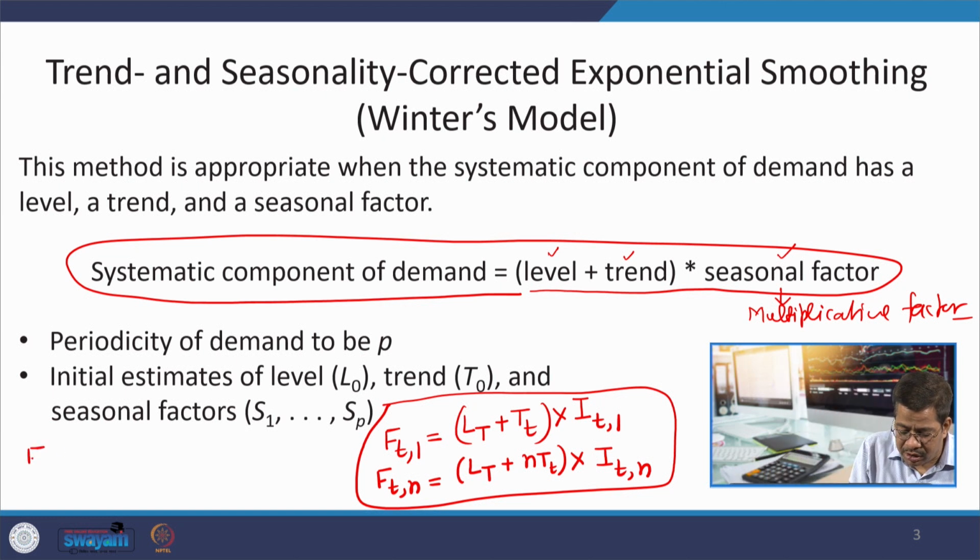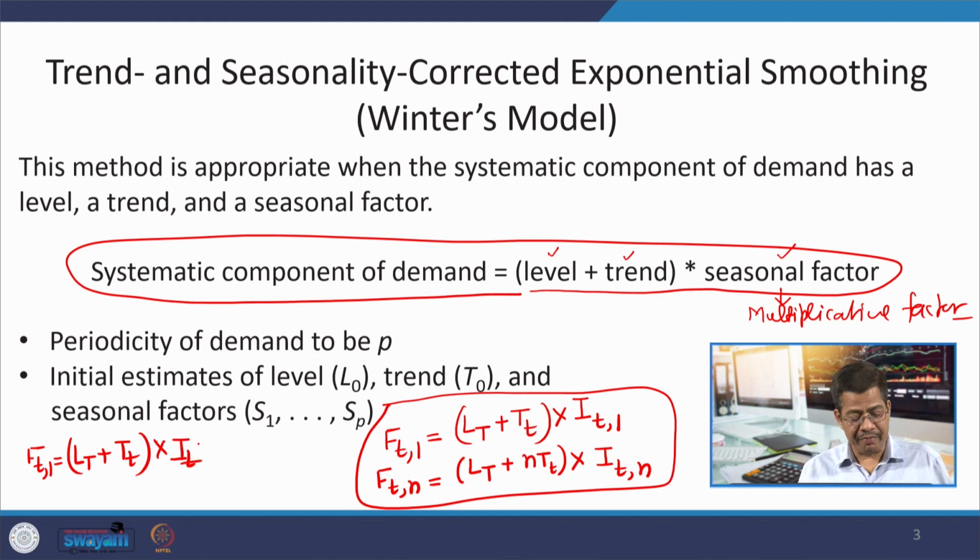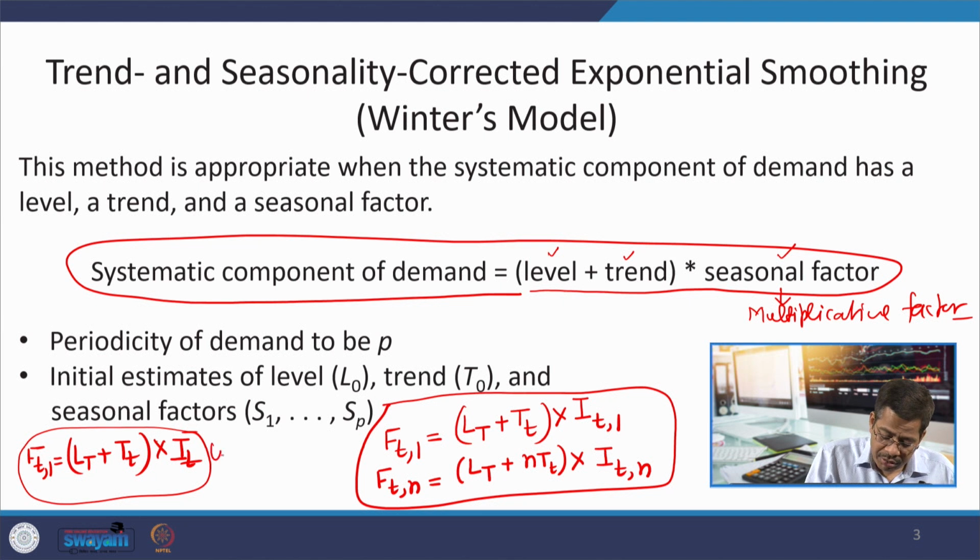Let me tell you what the majority of us do: L(t) plus T(t) multiplied by S(t). You are using the current trend, current base and current seasonal index. That is what most people do most of the time, but this is wrong.